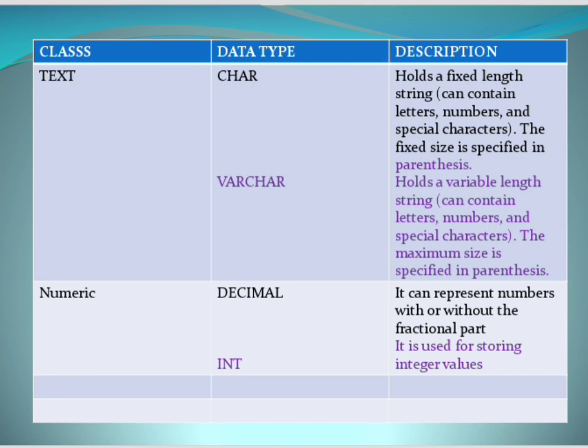So first, text. Text has two data types. First is char and second is varchar. Char holds a fixed length string, can contain letters, numbers, and special characters. The fixed size is specified in parentheses. Varchar holds a variable length string, can contain letters, numbers, and special characters.